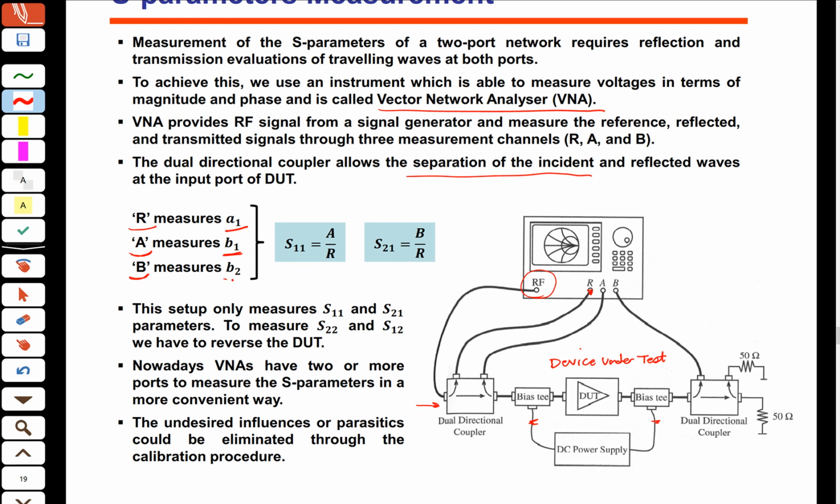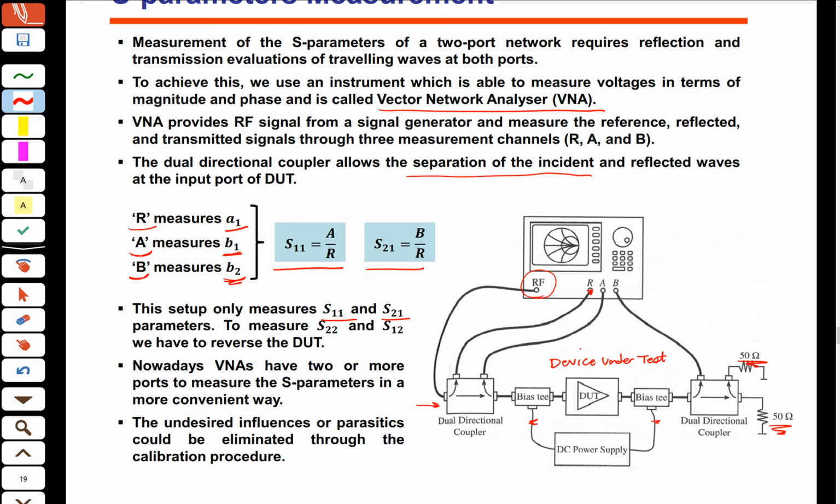So some part of that I capture at port B, and then this port B is the B2, all right? And then the rest is going and damping. This is how I said the matched port. Nothing is coming back, okay? And then the S11 is this A divided by the reference R that we got, and then the S21 is this B divided by R. This is how we measure the S11 and S21.